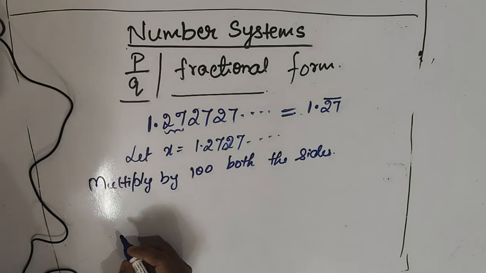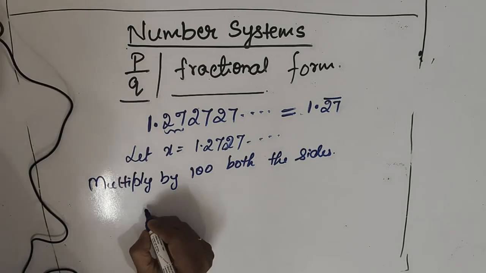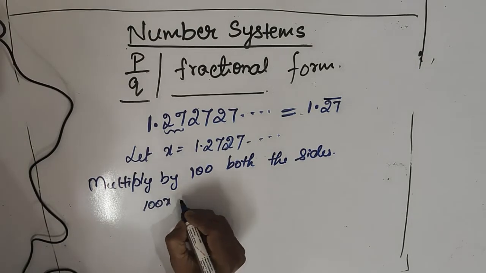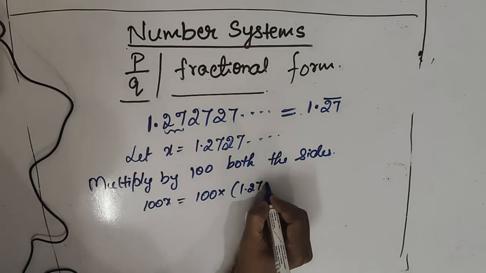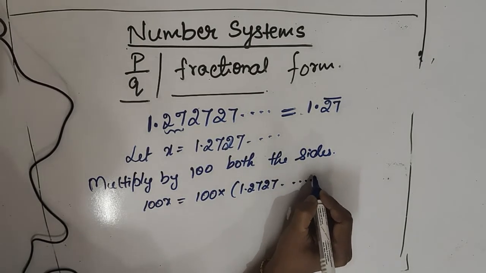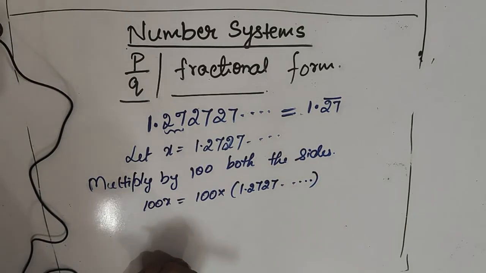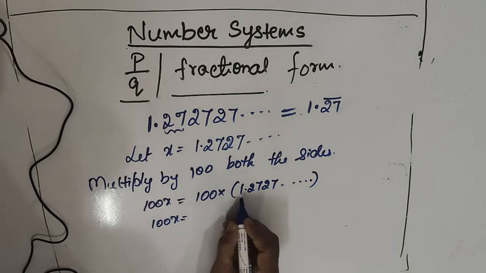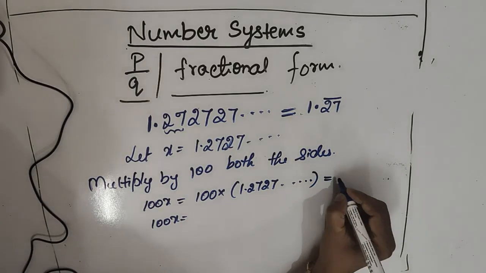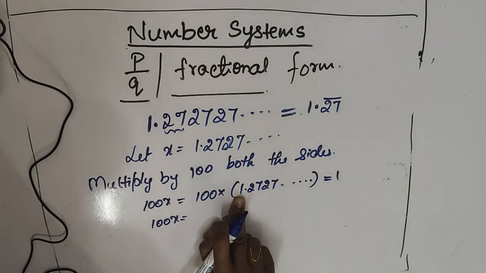Okay, now what happens next? Next, 100x equal to 100 into 1.2727 so on. While multiplying this, the 1 remains the same, it will not change.